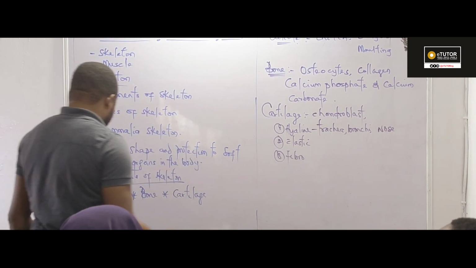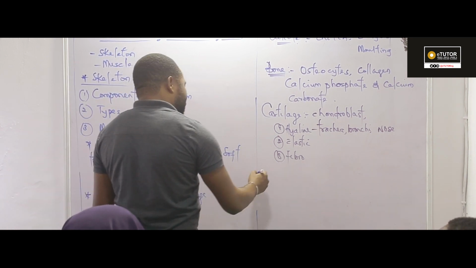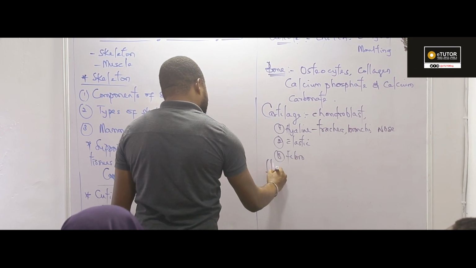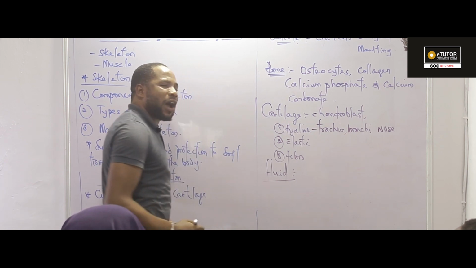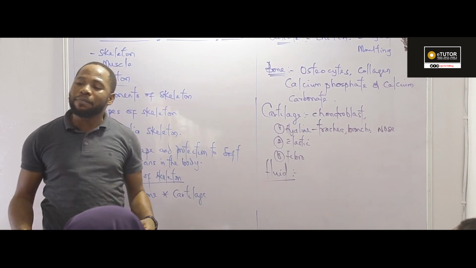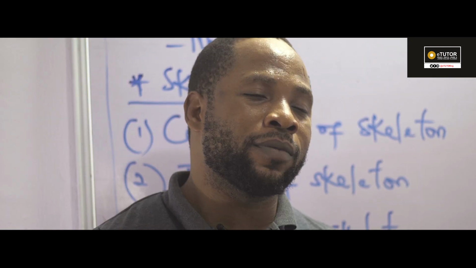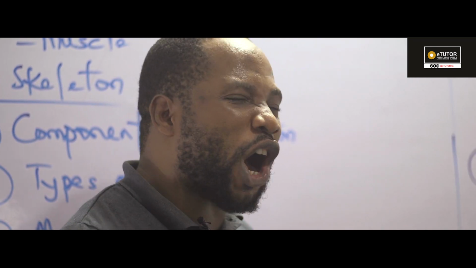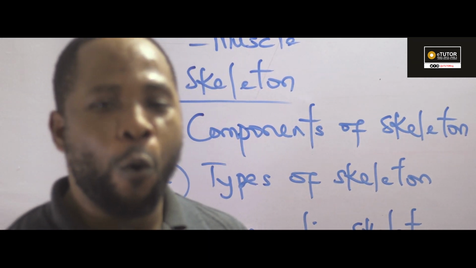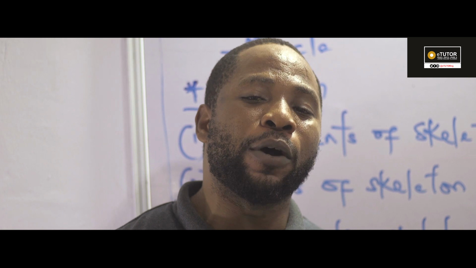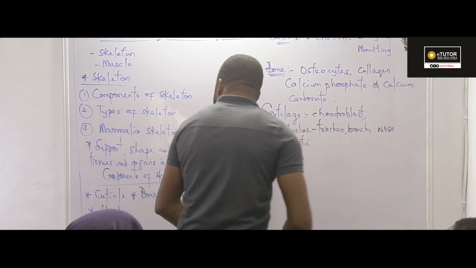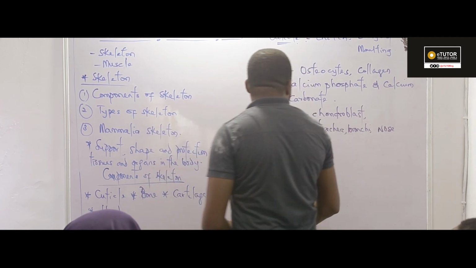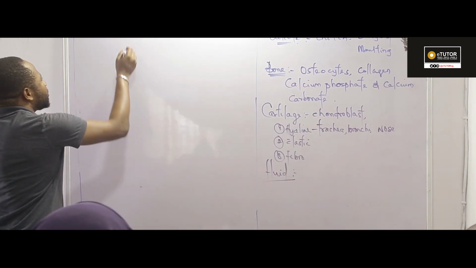The last one under component of skeleton is fluid. Fluid is found in soft-bodied animals like earthworm, and it consists of a fluid pressure which helps to support the body of such animals. Then after this, we're going to look at the types of skeleton.